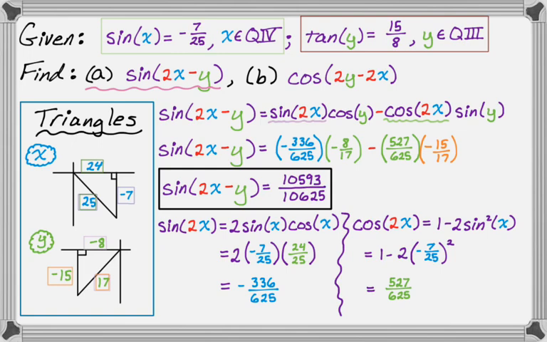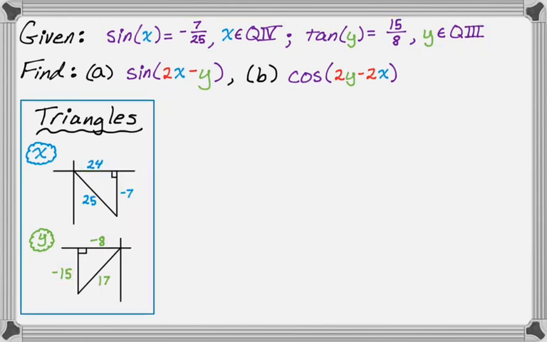And I also calculated sine of 2x and cosine of 2x in the process of this, which is going to be relevant because in the next problem, what I want to find is the cosine of 2y minus 2x. I can do this a couple of ways. One way is I can make it the cosine of 2 times the quantity y minus x and go from there.